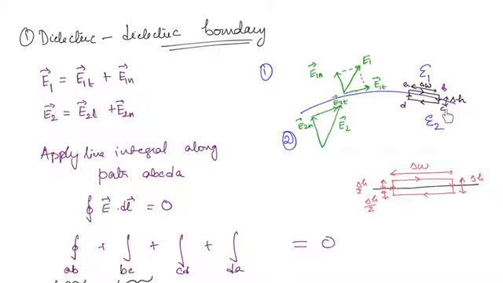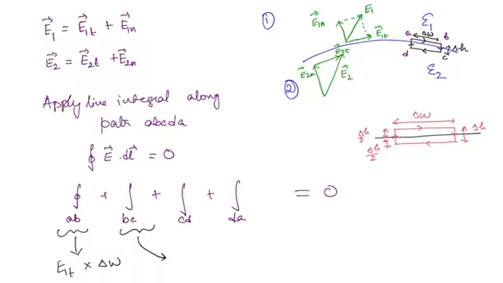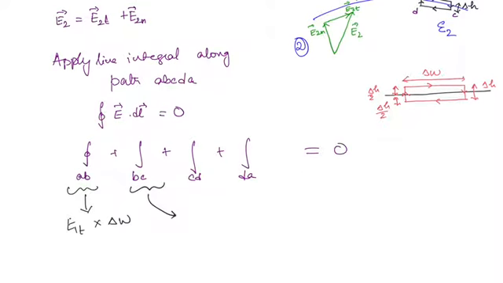Here the electric field is E2N, okay, and here also E2N is in the opposite direction, opposite to the direction in which we are taking the line integral, okay. So here also minus E2N into delta H by 2. So you can write here the integral along BC is going to be minus E1N into delta H by 2 minus E2N into delta H by 2, okay.